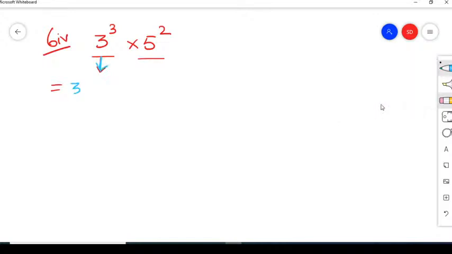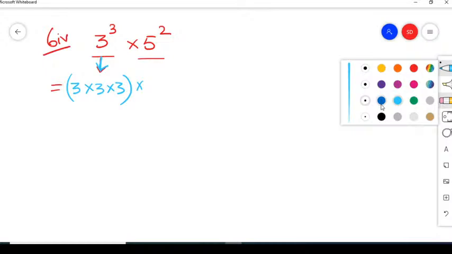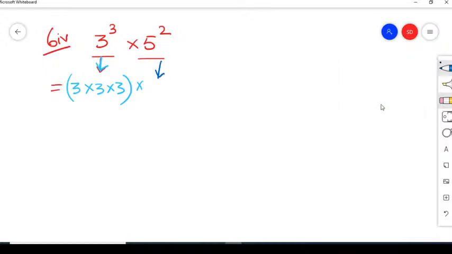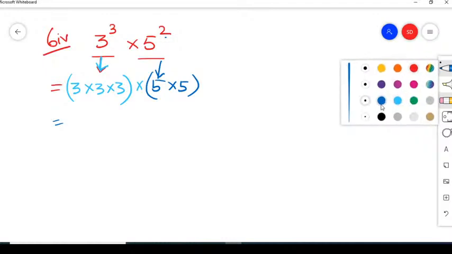This means 3 will be multiplied 3 times, and this means 5 will be multiplied twice. Power is 2, right? Exponent is 2. So 2 times.